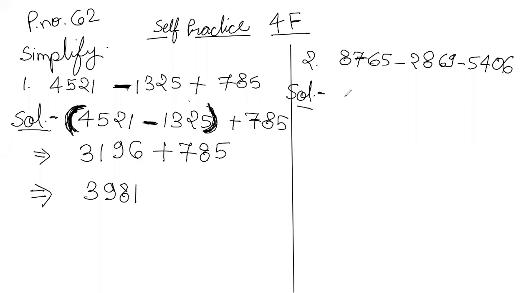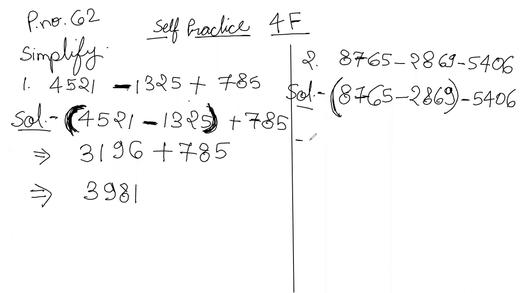Now again, as I told you, before the first number starts, open a bracket. Then where the second number stops, close the bracket. Now note down the rest as it is. Now in the next step, solve this bracket.